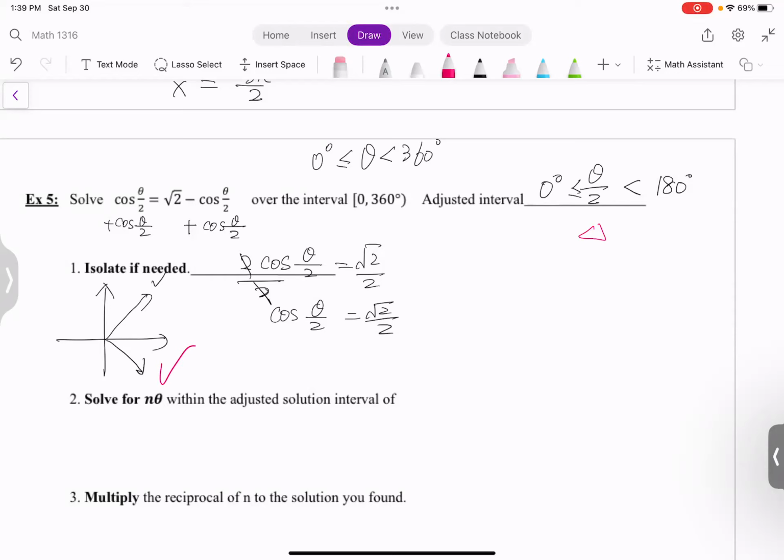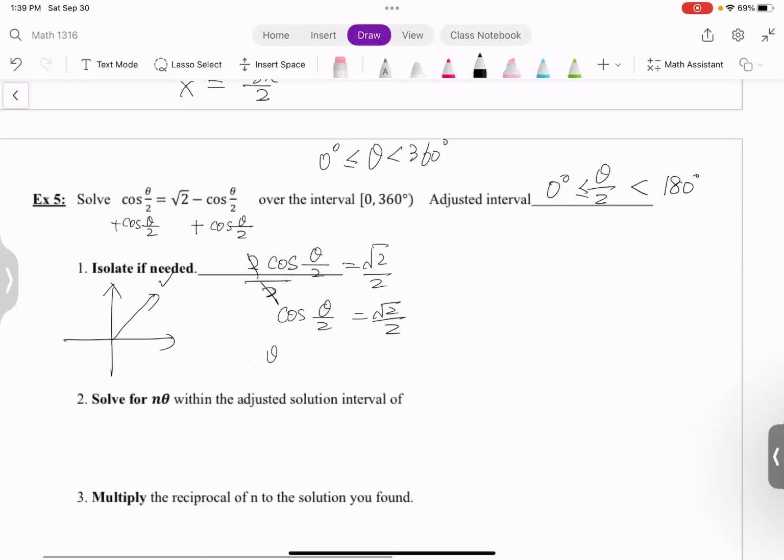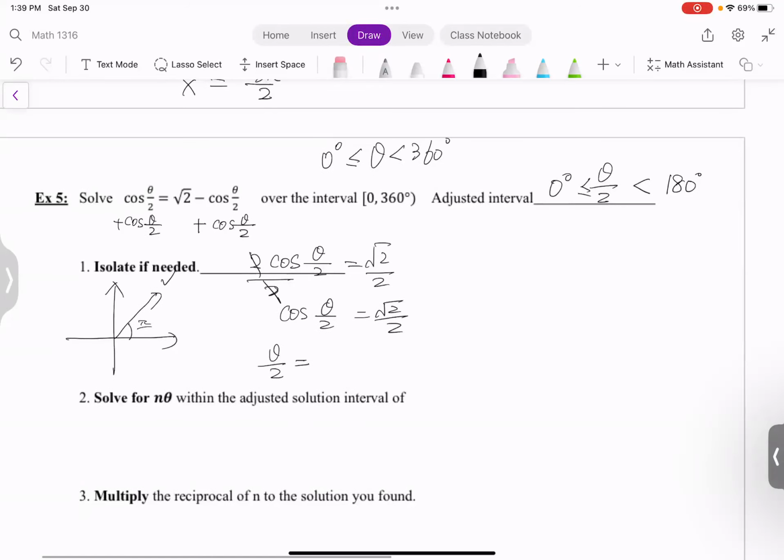So I need to ignore the angle in the fourth quadrant, only keep one value in the first quadrant. That means my theta over 2 equals the reference angle pi over 4. So I have only one solution, which is pi over 4.